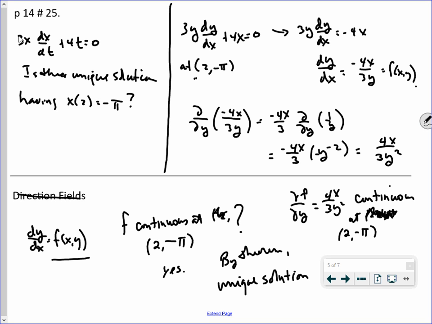It doesn't tell us what happens in other places, but as long as we don't get too close to y equals 0, I'll be able to find unique solutions. But once I get to y equals 0, all bets are off, because neither the function nor its partial are going to be continuous.